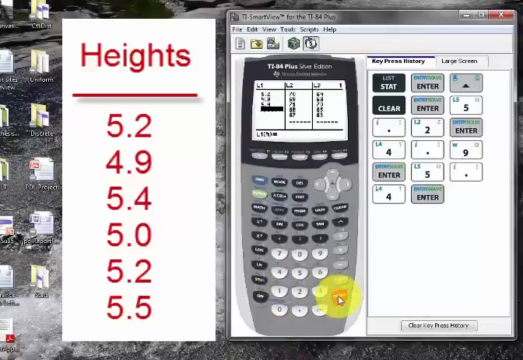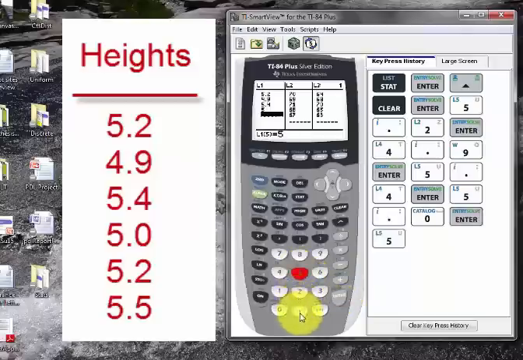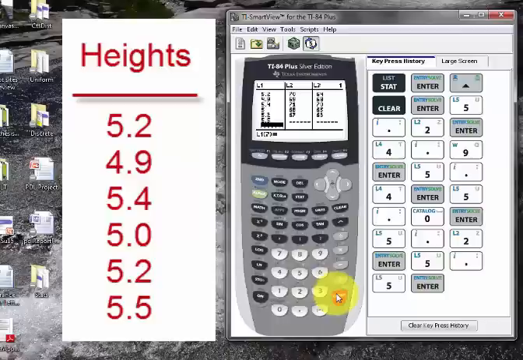And then 5.0. Enter. And then 5.2. Enter. And then finally 5.5. Enter. Now that I have all of my data values entered into the editor, I hit Stat again.